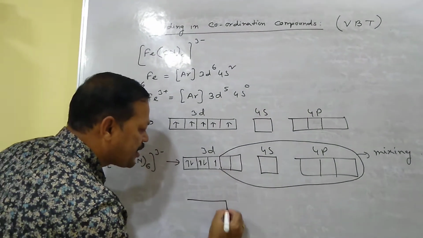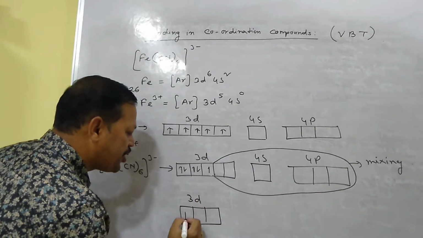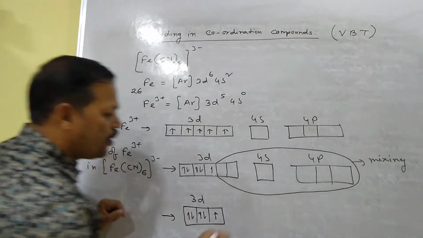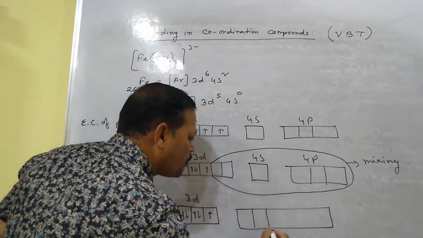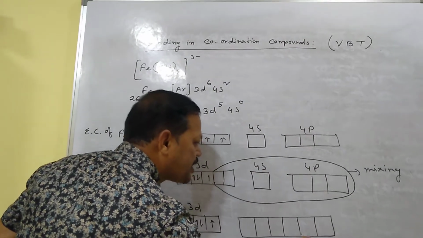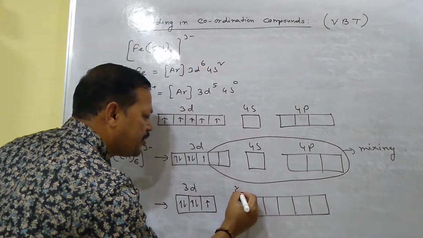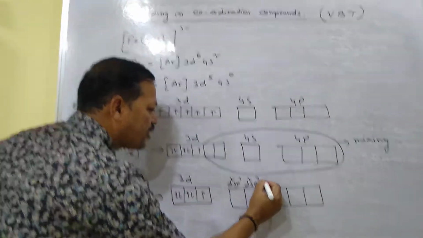So after mixing, 3d contains 3 orbitals, 1 unpaired. It will form 6 hybrid orbitals, and these hybrid orbitals are named d2sp3.